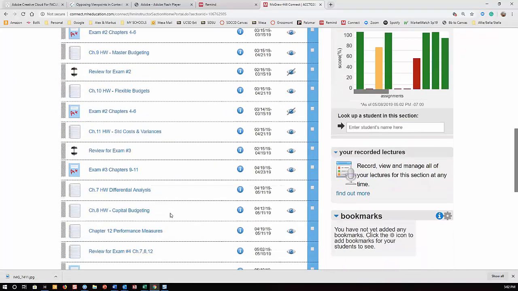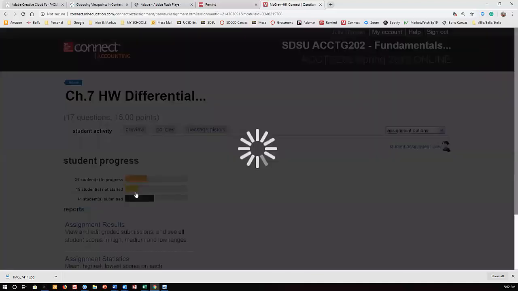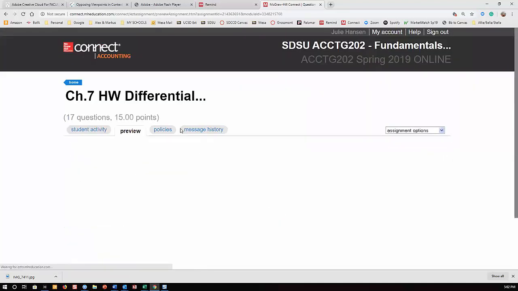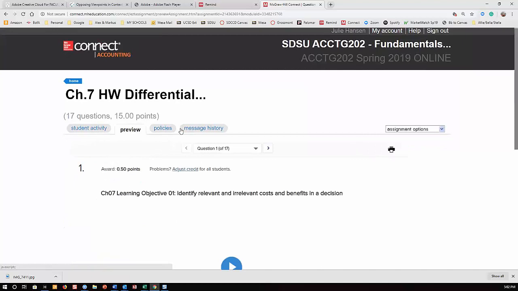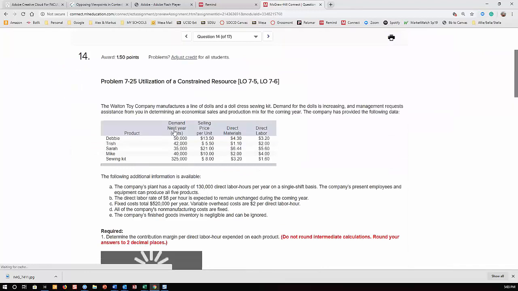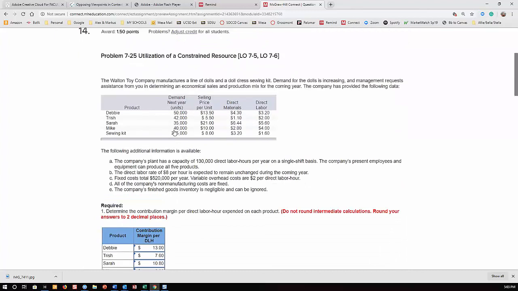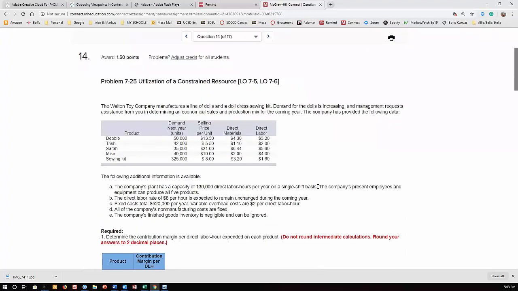Chapter 7. Okay, I'm sorry, what number was it? It was 14. Utilization of a constrained resource. Oh, okay. What class are you in? The online class.